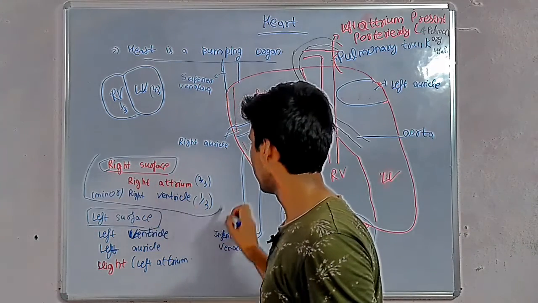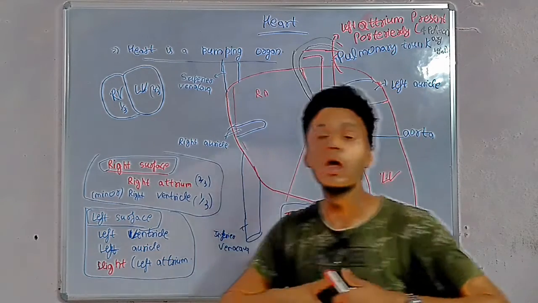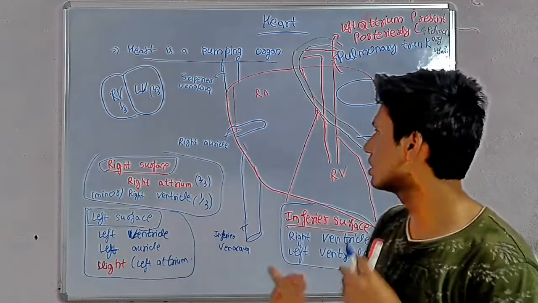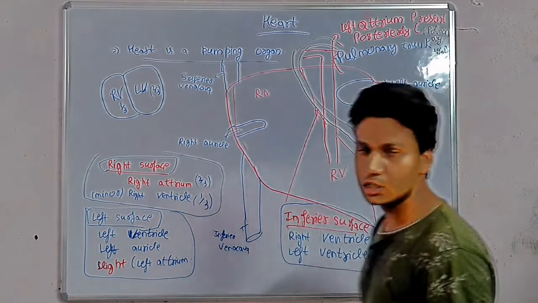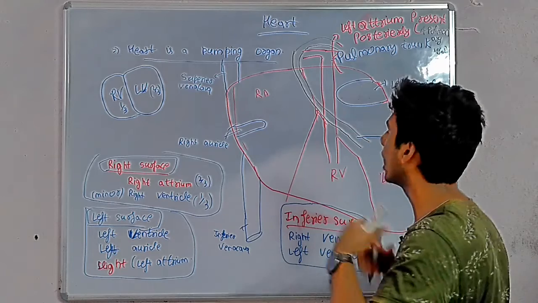And last is the anterior surface. The anterior surface faces just posterior to the sternum. Some ligaments are also present, called sternopericardial ligaments, which join the sternum and the heart's anterior surface.